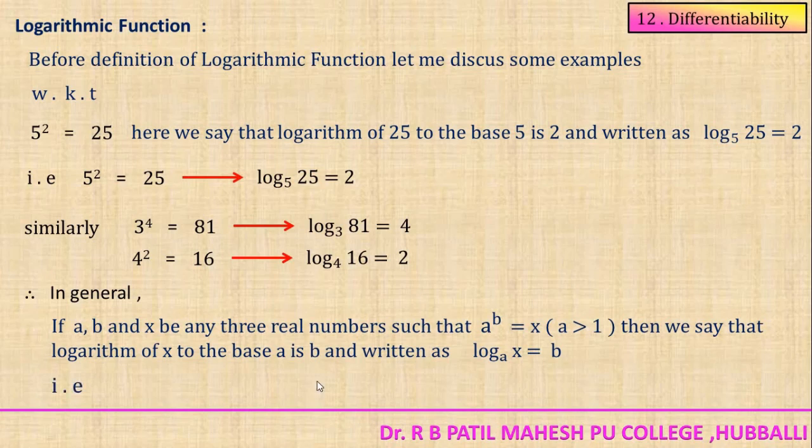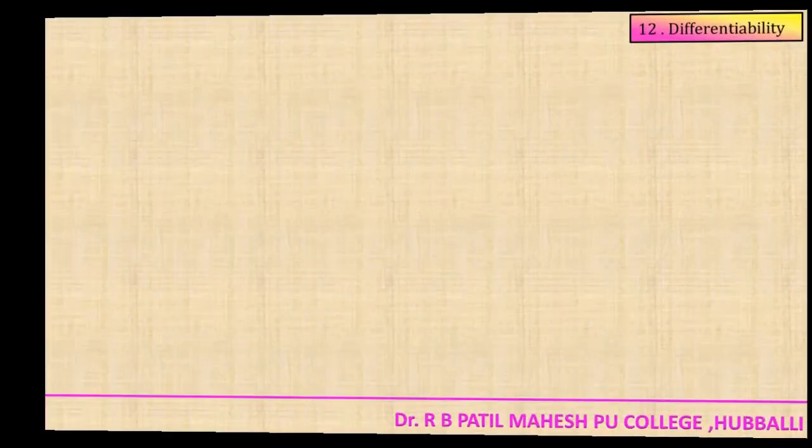So next, suppose I take the base as 10. Here the base was 4, base was 3. Suppose the logarithmic base is 10, then it is called the common logarithmic function, or common logarithm. The same thing I write once again: a raised to b is equal to x implies log x to the base a is equal to b, a greater than 1.